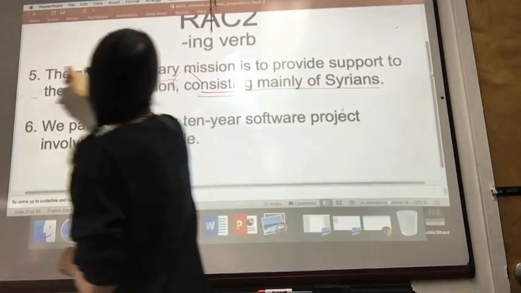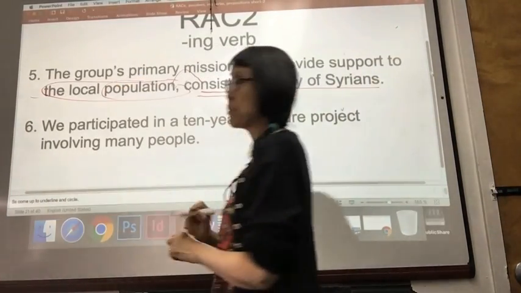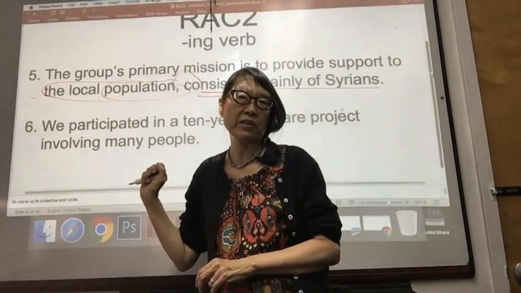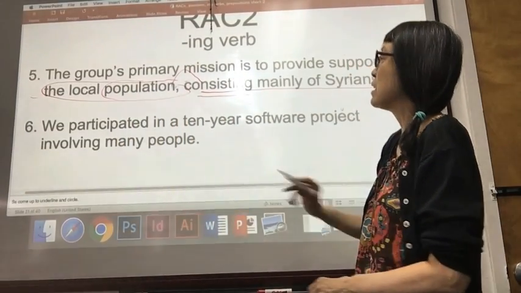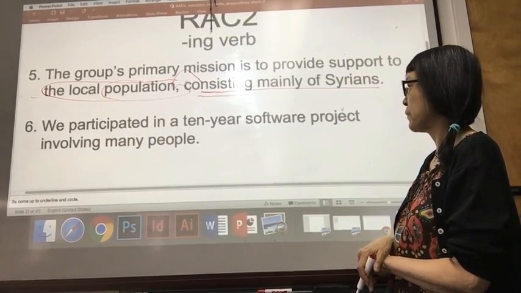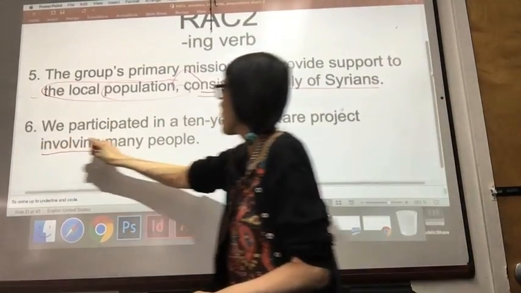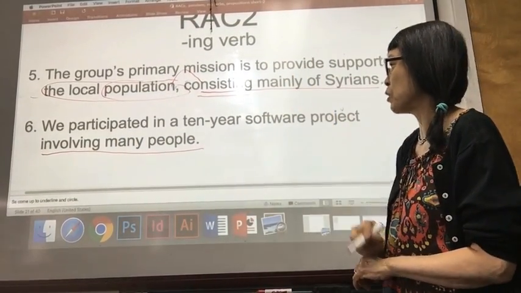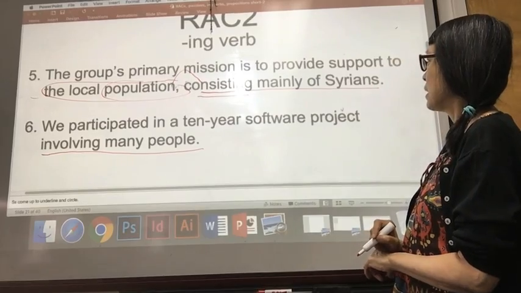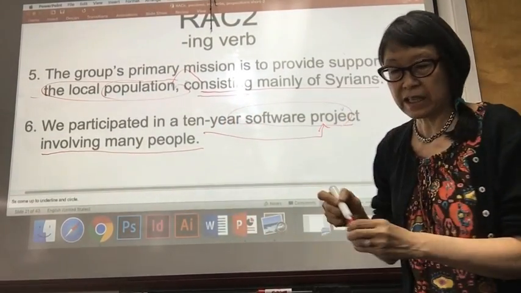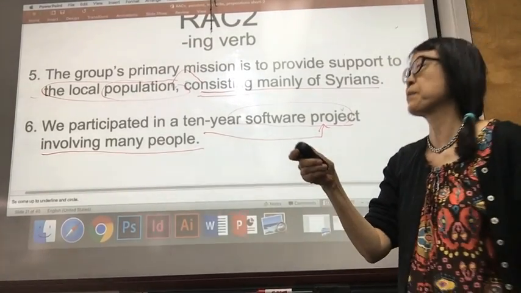So we can say the local population or we can say the population. It's just a difference between the noun and the noun phrase. The next one, what's our reduced adjective clause? Involving many people. Good. And what does that RAC with the ing verb describe? Software project. All right, I think we can just move along here.